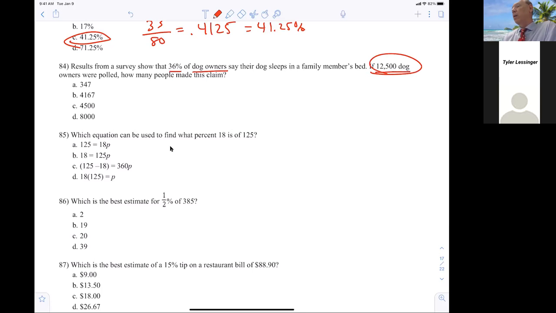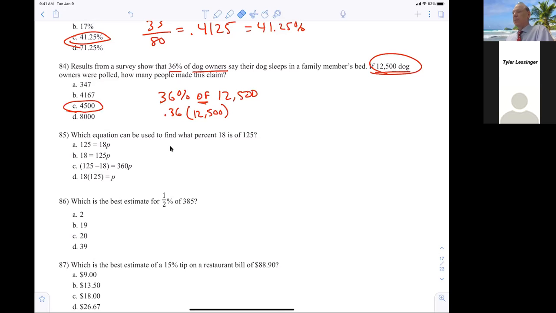So we're doing 36% of 12,500. 36% is what decimal? Of means multiply by 12,500. Anybody else get 4,500?